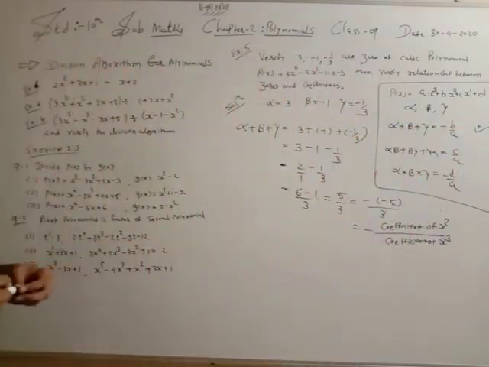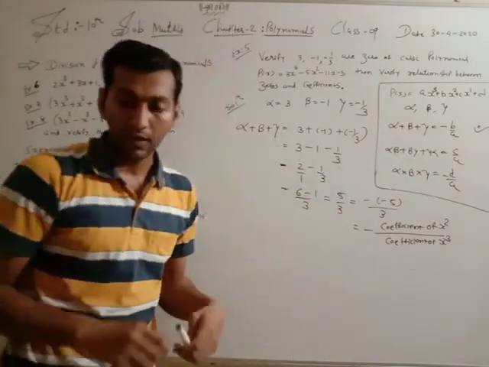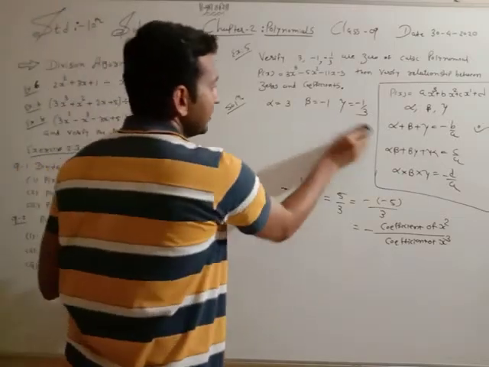Now the second relation, the sum of the product of two zeros.